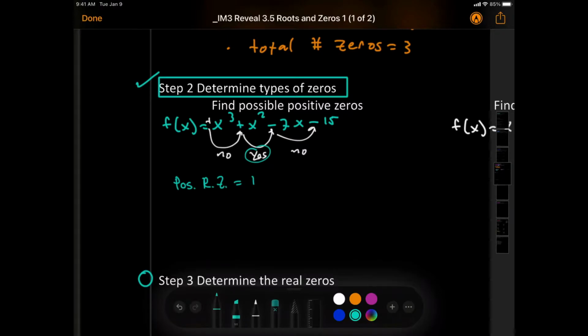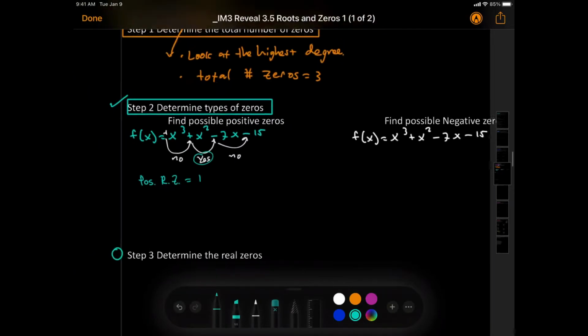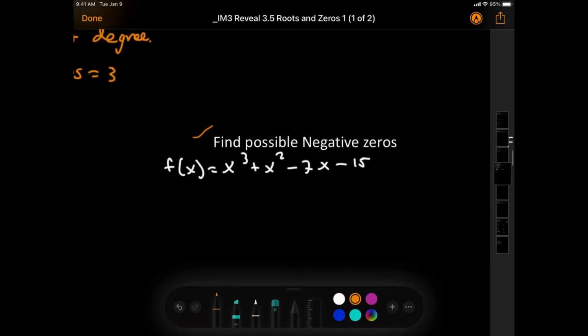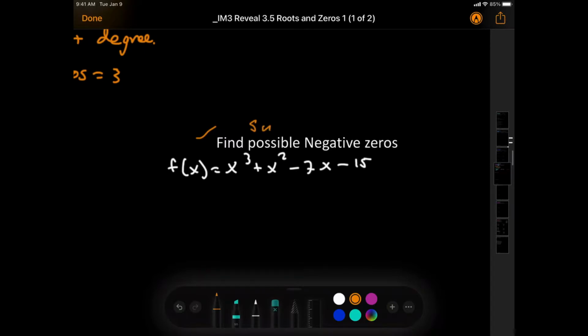Okay, so now we're going to do the negatives. So we finish this one here, and remember we're going to substitute in negative x. Sub negative x, right? That's just what we're doing when we say this notation.